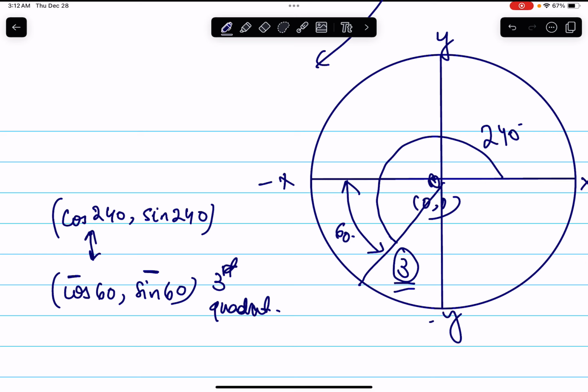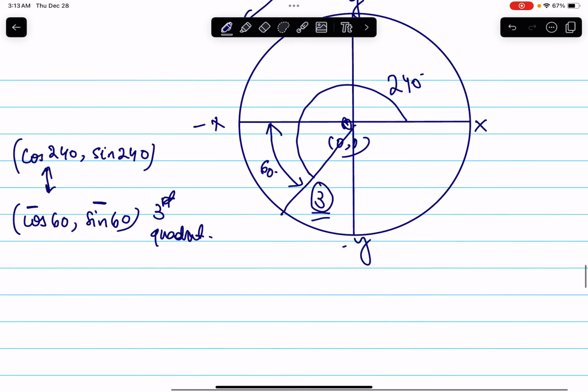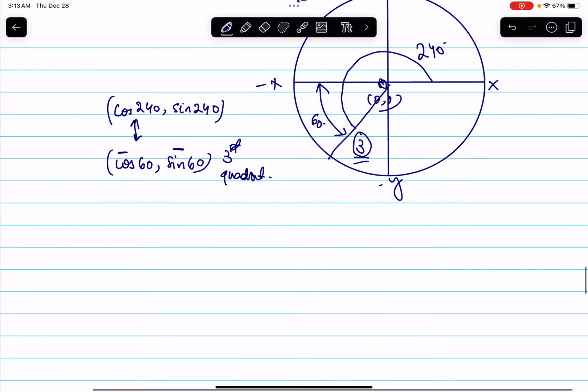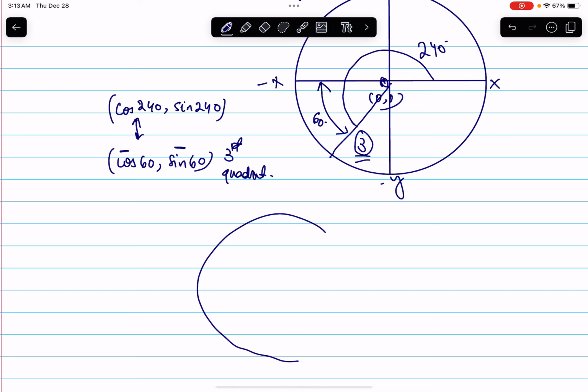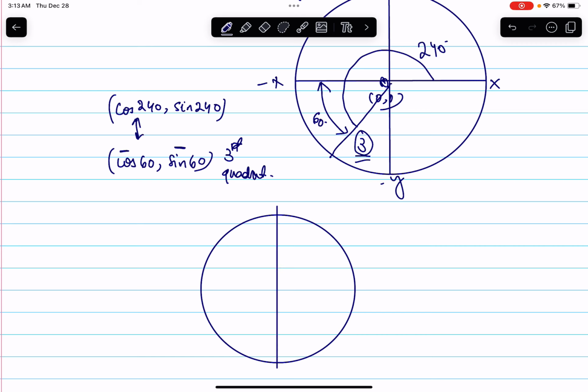So that's how you would solve for this, right? So that's how you would be looking at reflex angles in the unit circle and seeing how to do it. Now don't memorize that in whatever quadrant you are, you should make it positive or negative.